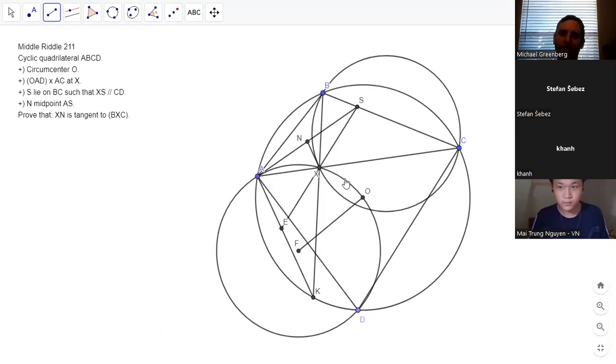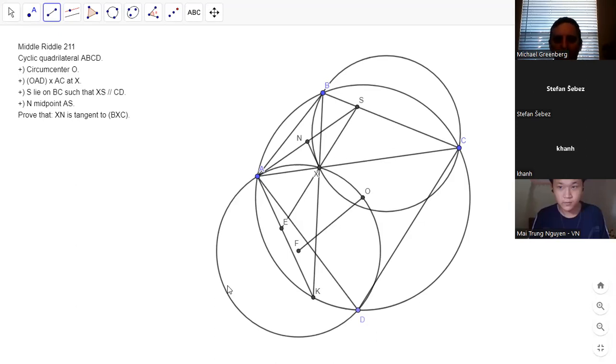First, oh, that's the butterfly theorem. Oh, wait. Yeah, exactly. It's the butterfly theorem. But you need to prove that OX is perpendicular to SE, which is also perpendicular to CD.